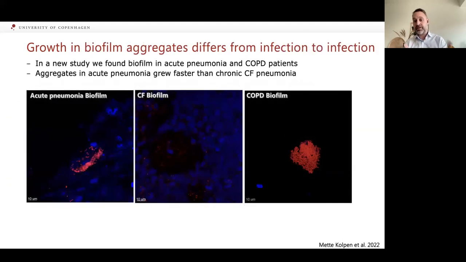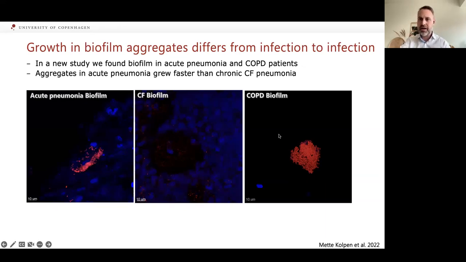And further down the line, last year we published a paper, me and Mette Kolben and Thomas Bjarnshol, where we looked into aggregates in different infections. There we found that the type of disease the patient had was controlling how fast the bacteria were growing. Here, these are cystic fibrosis patients, where the bacteria grew very, very slowly.